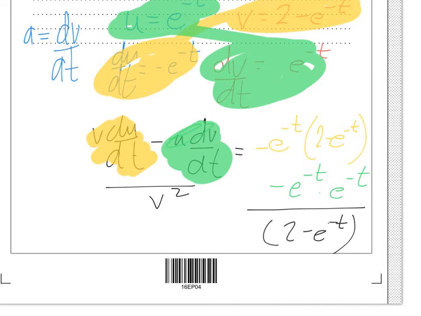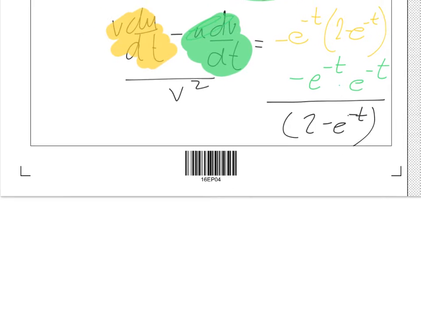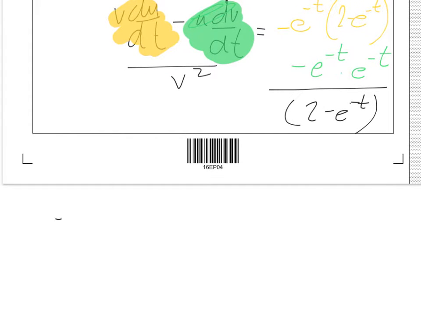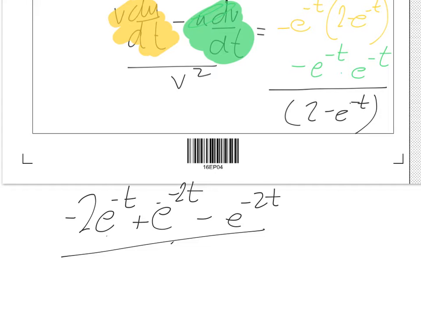So let's tidy that up and get it all on one line. So that's minus e to the minus t times 2 minus e to the minus t, minus e to the minus 2t. Let's expand out this bracket as well, to give us minus 2 e to the minus t plus, oh look at that, e to the minus 2t, all over 2 minus e to the minus t, squared.